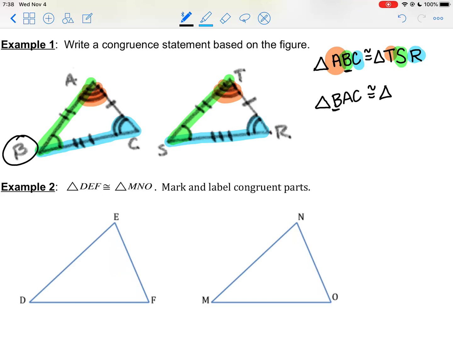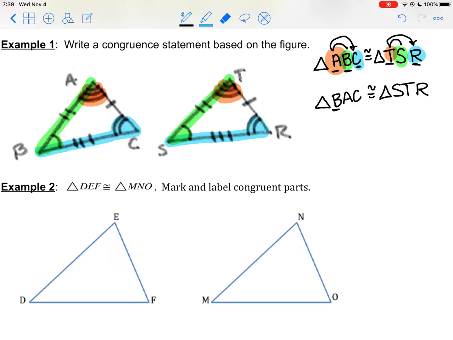B corresponded to S, A corresponded to T, and finally, C corresponded to R. So if I name it BAC, I have to name the other triangle STR. Those same vertices have to stay lined up. The way that we name them tells us exactly which parts are congruent.